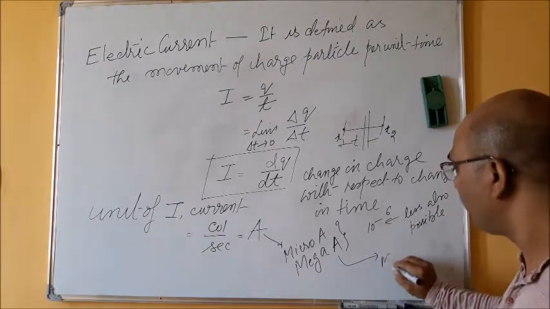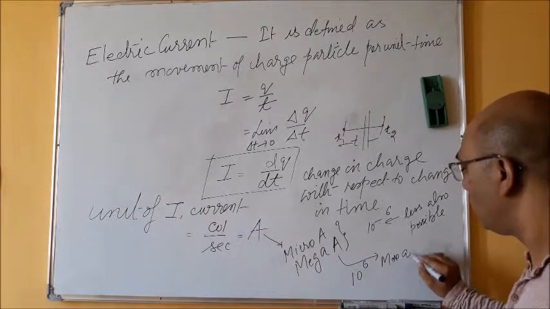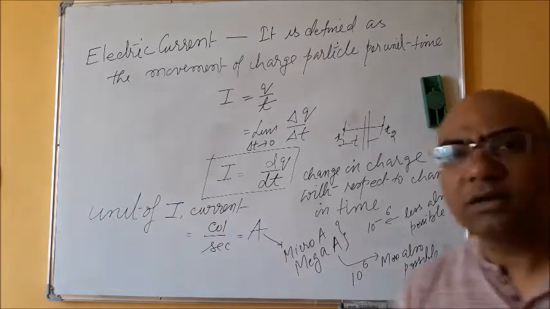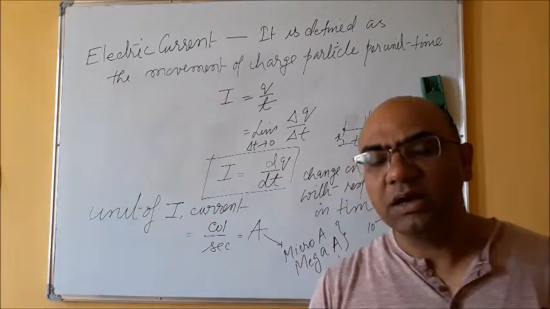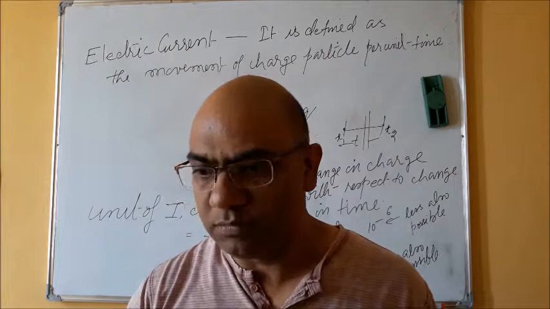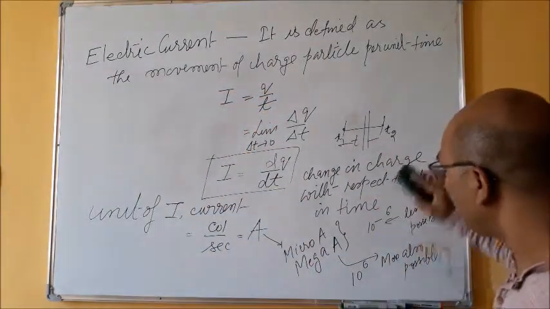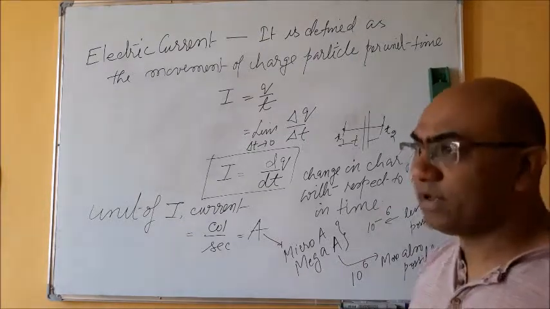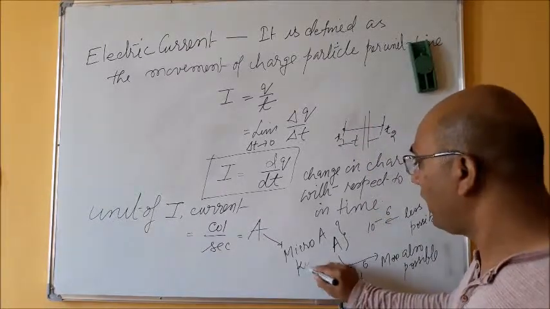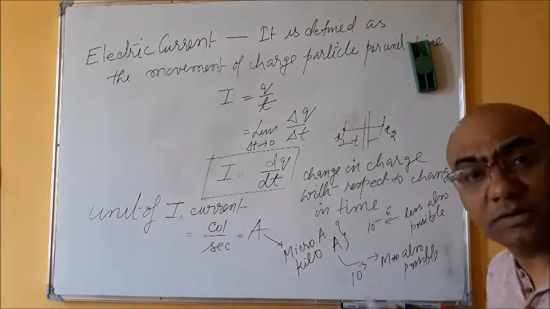Similarly, more, 10 to the power 6, or even more, is also possible. But for practical conditions, the current can go from microampere level to mega ampere level or kilo ampere level. Normally we say mega ampere level or kilo ampere level. Kilo means 10 to the power 3.